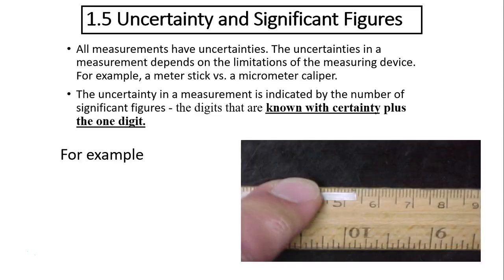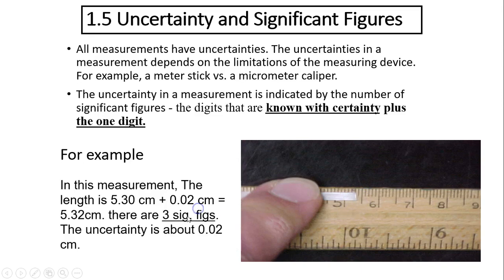For example, suppose you're going to measure the length of a strip using a ruler. Take a look at this diagram. For certain, this would be 5.3 something, right? So 5.3 is certain. Then the other digit you estimate.